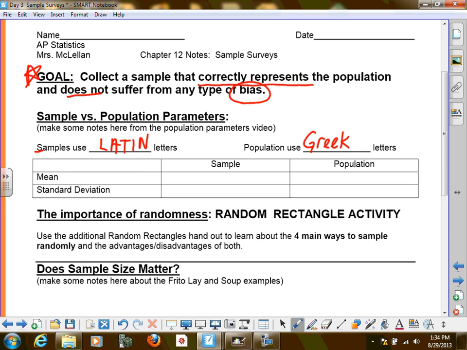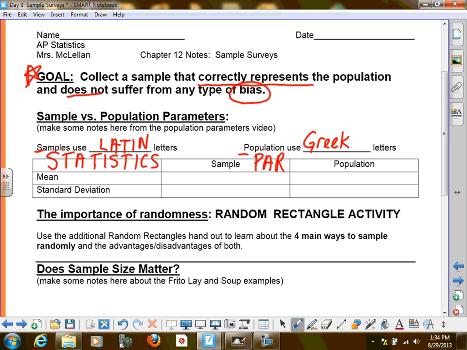So if you're ever reading a formula and you see a plain old letter, that means they're talking about the statistic, the plain old sample. Sample numbers are called statistics. So in essence, this class is about numbers about the samples that you take, whereas population values are called parameters.